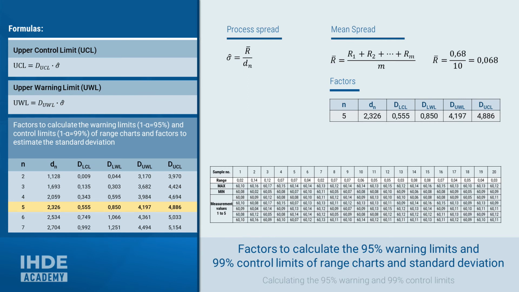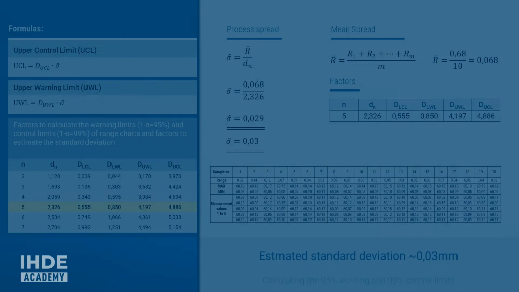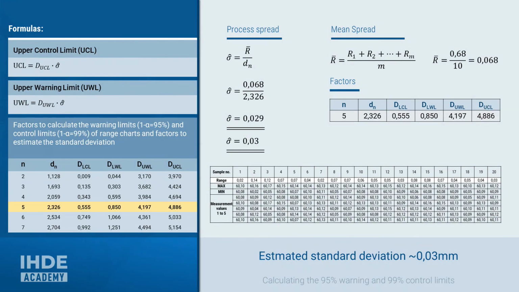This gives us everything we need to estimate the standard deviation. Inserted into the formula, a value of 0.029 mm is obtained for the standard deviation. This is rounded up to 0.03 mm.